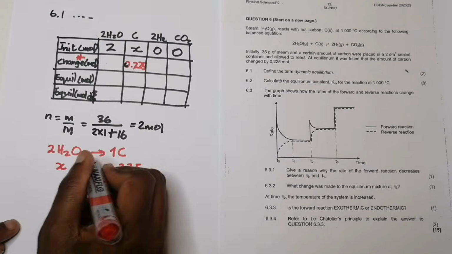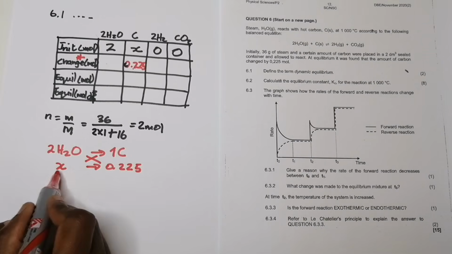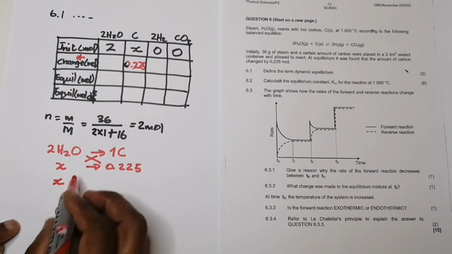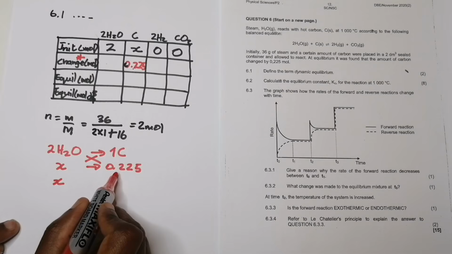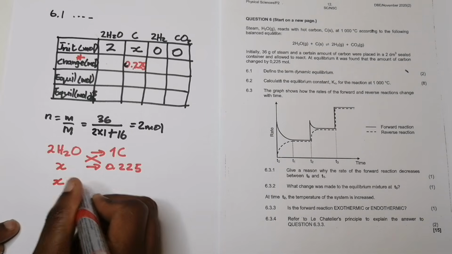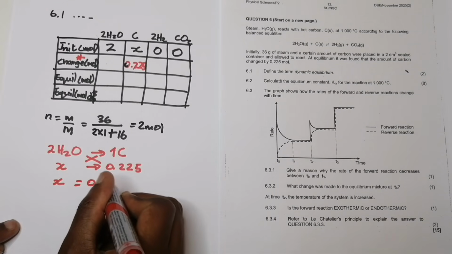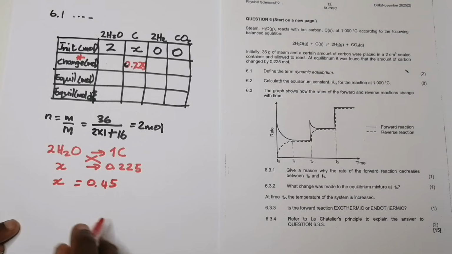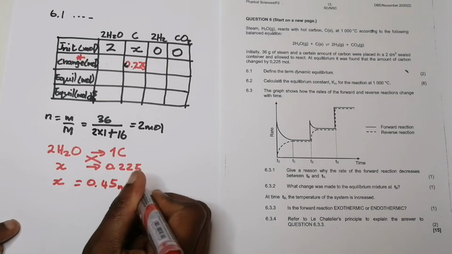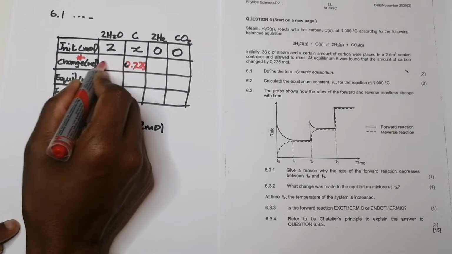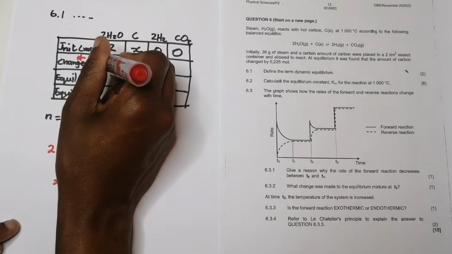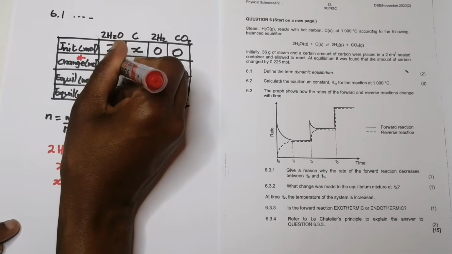Can you see that? So let's cross multiply. 1 multiplied by x will give me x. Okay, 2 times 0.225, this will give me 0.45. Okay, right, so it means the amount of moles of H2O that I would have used is 0.45.